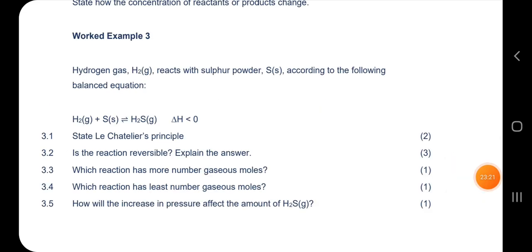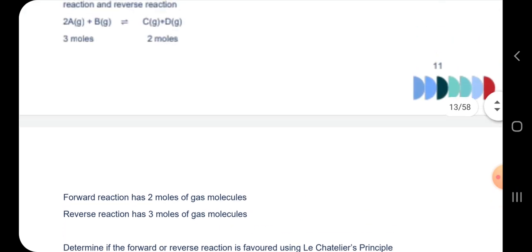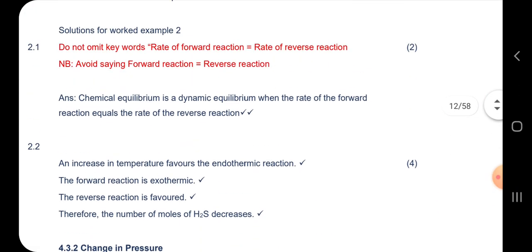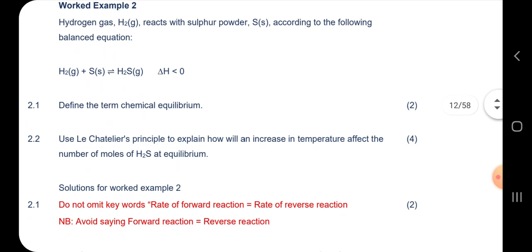So look at that. We are given H2 plus S, and the reverse reaction, we have H2S, and you are given a hint that change in H is less than 0. So that is an open system. So remember, this is an open system. That is how you have to check whether it's an open system or a closed system. There you are given an open system, and number 1, you are also given an open system.